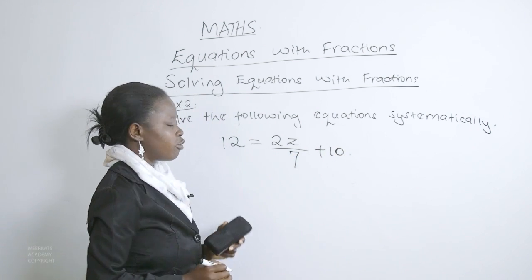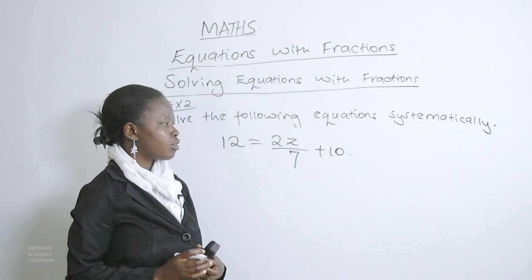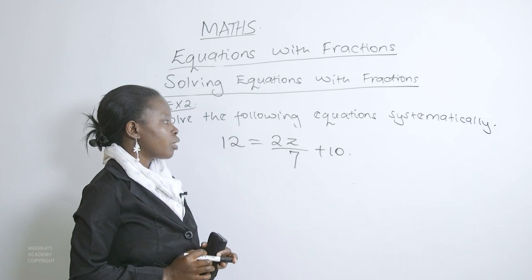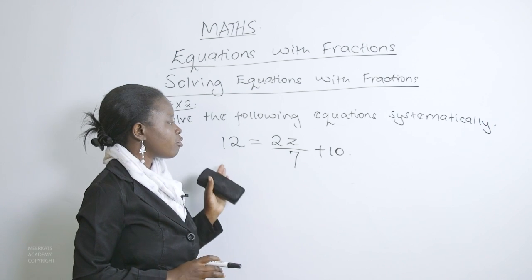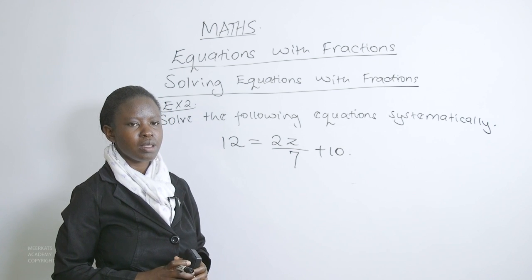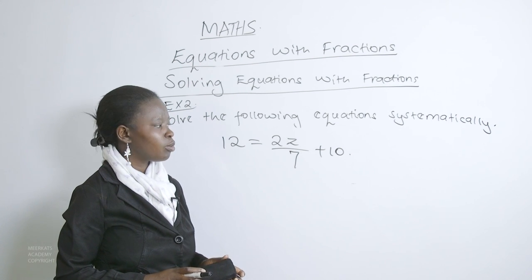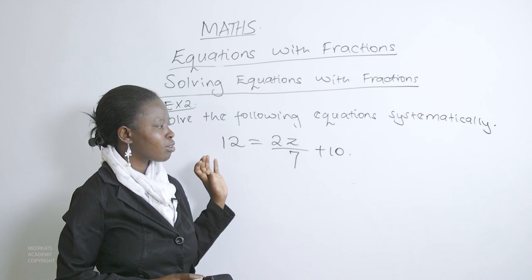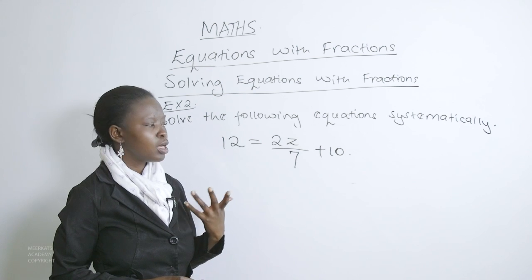So we have 12 is equal to 2z over 7, then plus 10. So at times when you have an equation that has been written in this manner, and we need to get the values of our variable, then it is possible to swap your right-hand side with your left-hand side to make our calculation easier.